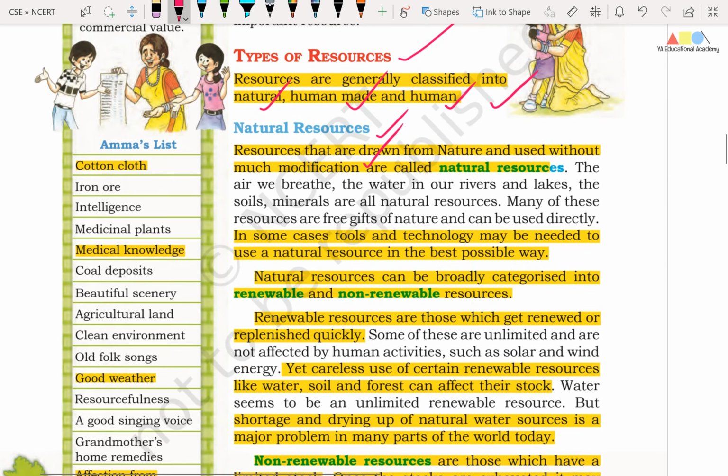Right friends, for example, the air we breathe, the water of rivers and lakes, the soils, minerals are natural resources. Right friends, in some cases, tools and technology may be needed to use a natural resource in the best possible way. Friends, for example, we have groundwater, that is a natural resource, but in order to access the groundwater, we need the tube wells.